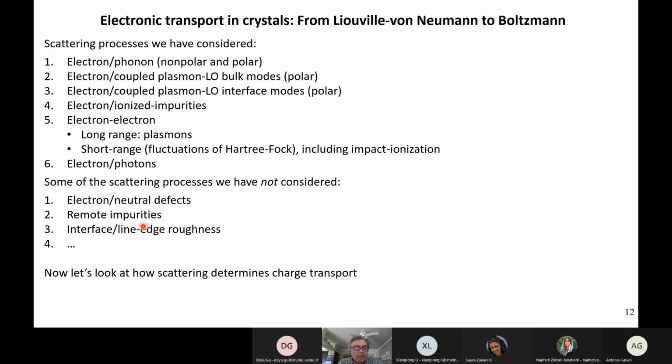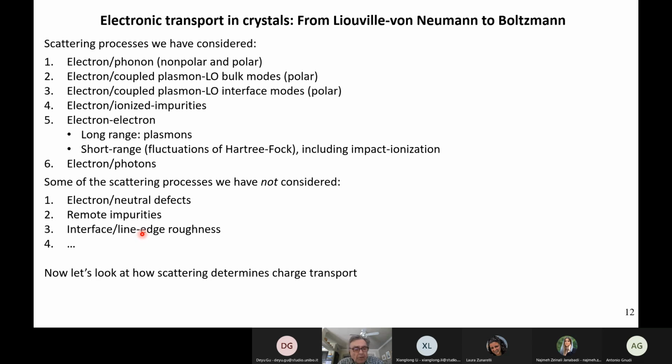In principle, it's avoidable, unlike electron phonon, which you cannot get rid of. Even at zero temperature, you can emit. Interface roughness, it's something that ideally you may hope to control by growing the interface in a different way, by using atomic layer deposition, molecular beam epitaxy.